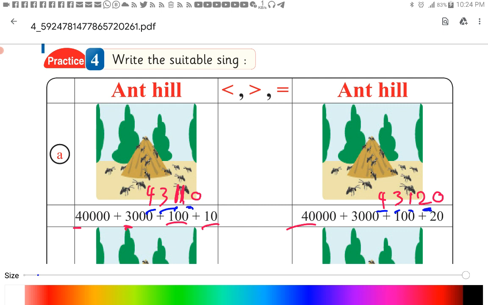So 2 is greater. You will put the sign smaller than.